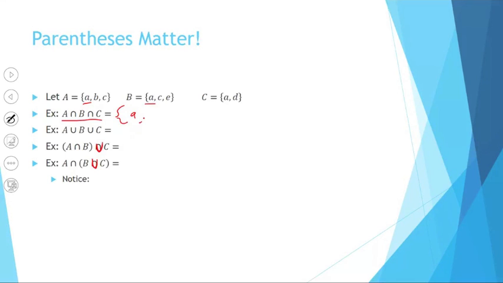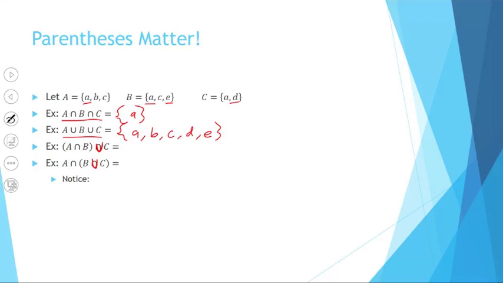So that is just a plain old A. Now, the union of all three sets without any parentheses means all the elements of every set brought together. So that means all the elements of A, B, and C, which would be an A, B, C, an E, and a D as well. So every element. Again, you do not have to write the element twice if it's duplicated in other sets.